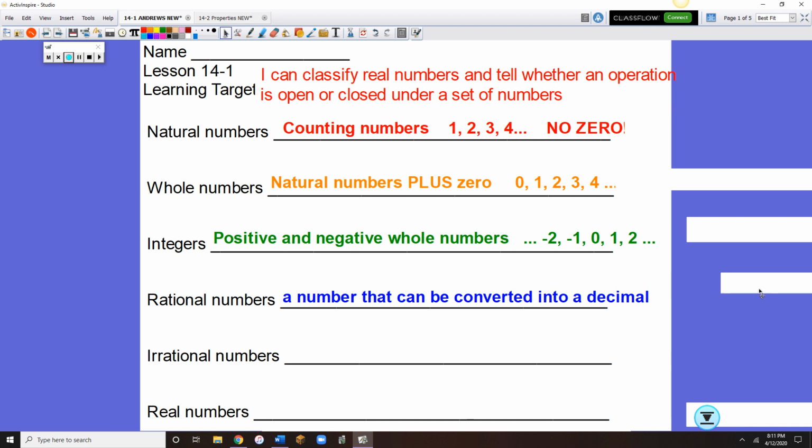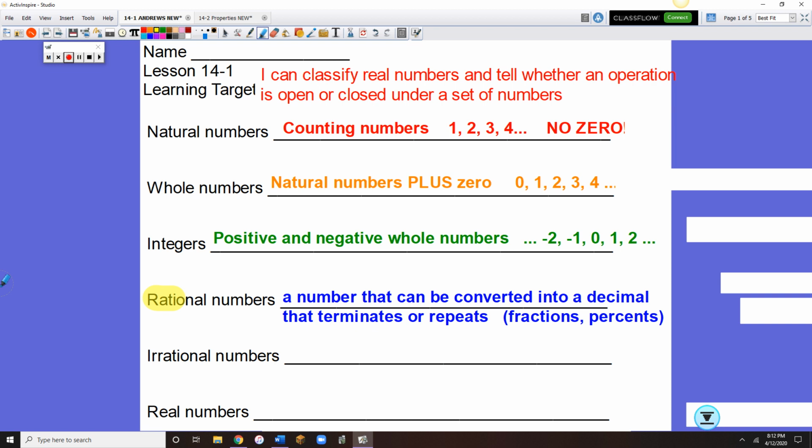Rational numbers: a number that can be converted into a decimal that terminates or repeats. That's how I prefer to think of it. So like fractions, percents, we're going to go over a whole chart that shows rational numbers and what they can be. If you look up the dictionary definition of a rational number, the word rational has the word ratio in it, and ratio means fraction.